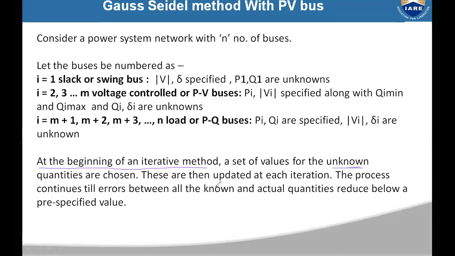Then these variables are updated in the subsequent iterations. This iteration process will be continued till the error between all the unknown and the actual quantities is reduced below the specified limit. So till the error values are reduced below a specified limit, you have to do the iterations.